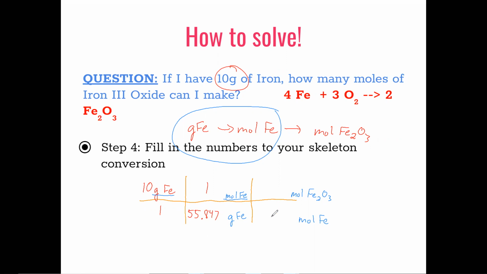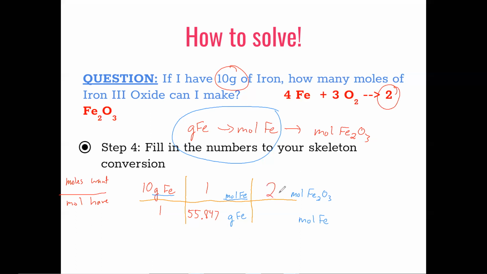Now, to fill in the numbers here, if you recall from the other slide, it's moles of what you want over moles of what you have. So what we want is the number of moles of iron 3 oxide. So we look at our equation and we say, oh, there's a number 2 next to iron 3 oxide.